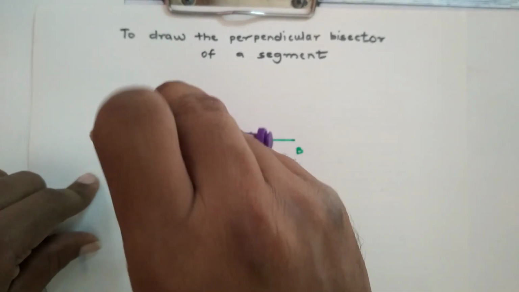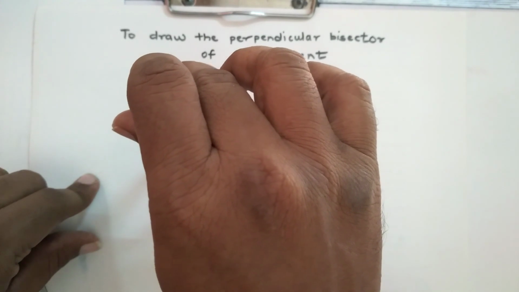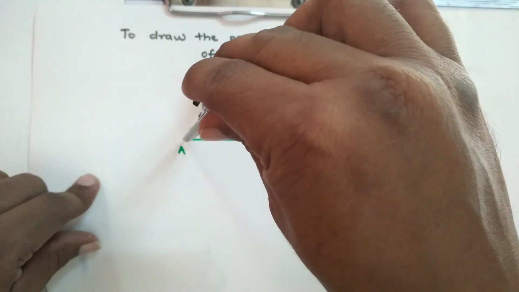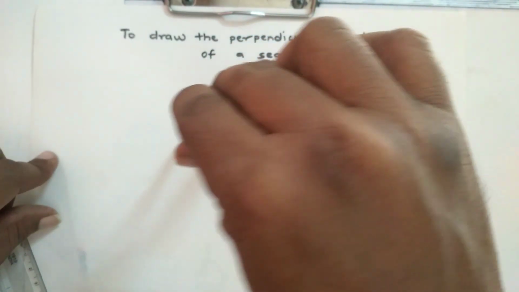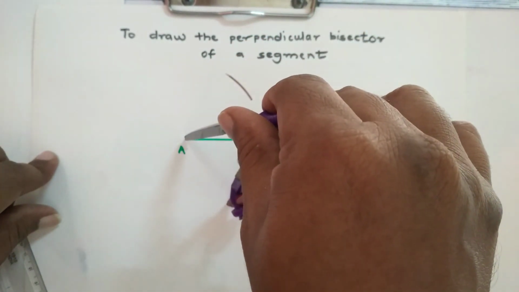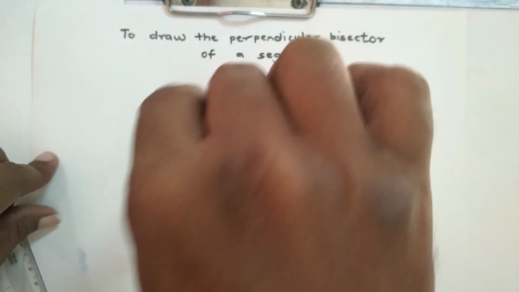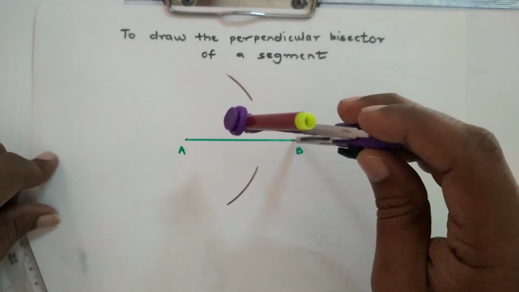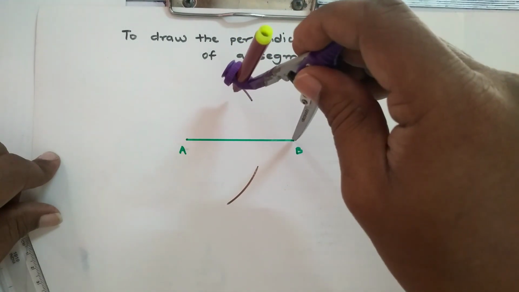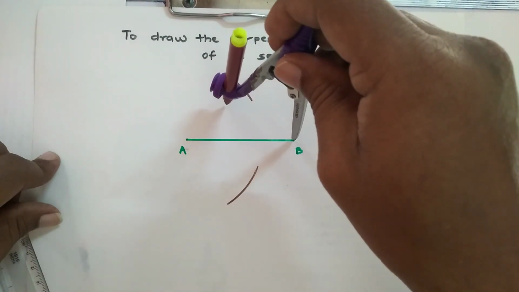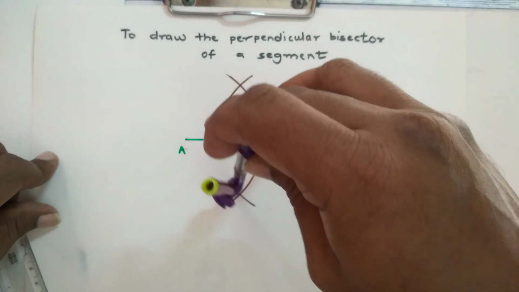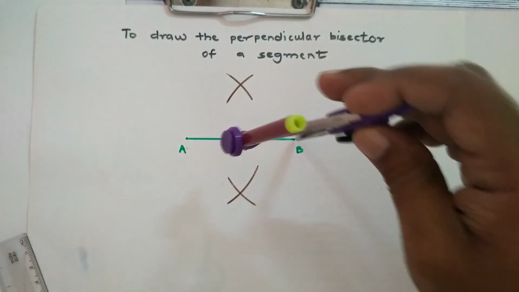point A. On the upper side, place the pointer at point A, draw the arc from point A and then draw the arc below segment AB. Similarly, place the pointer at point B, draw two arcs intersecting the previous arcs, one on the upper side and one on the lower side of the segment AB.